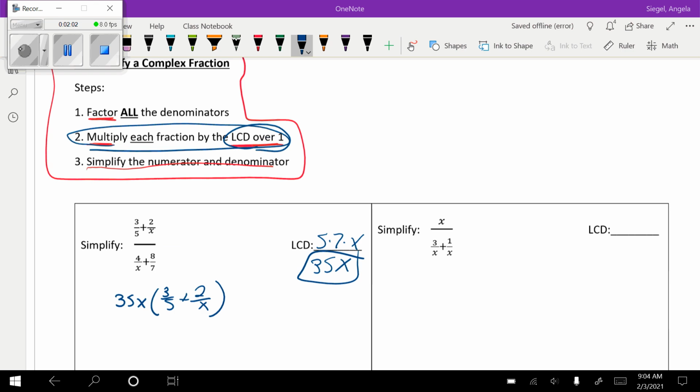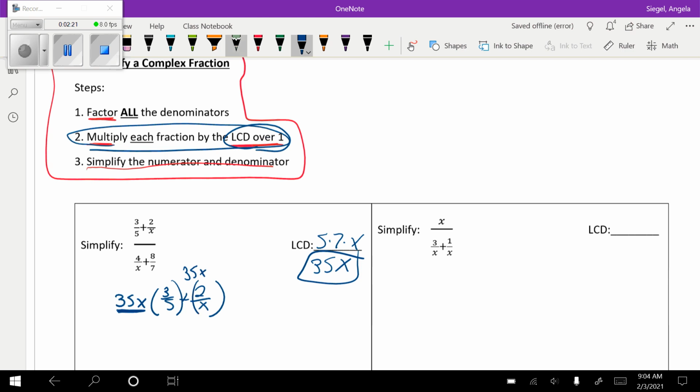Okay, so I've written out the top one. We're going to multiply the LCD by these top ones. Remember, when we multiply, we're going to distribute this. So we're going to do 35x times 3/5 and 35x times 2x.